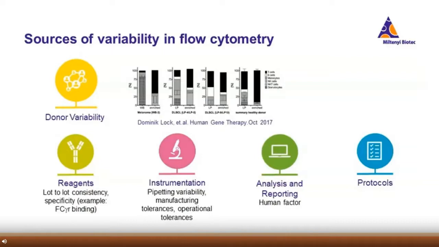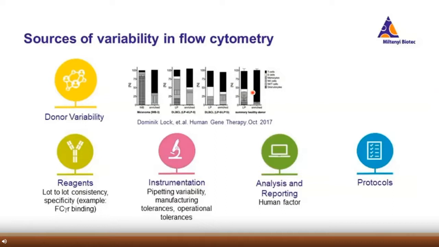There are several factors which affect such variability in flow analysis. One of the big factors of this data variability comes from the donor, so the biological material that one is using, and this obviously can depend on environmental or genetic factors. For example, this study showed different percentages of immune cells in different samples based on the donor, which is obviously a common source of variability and very difficult to handle.